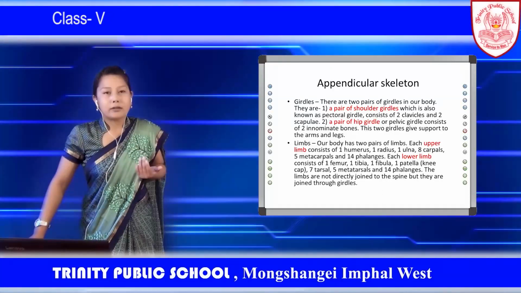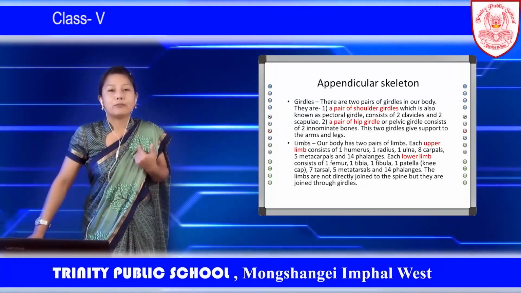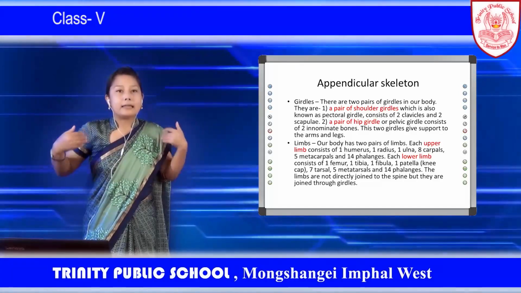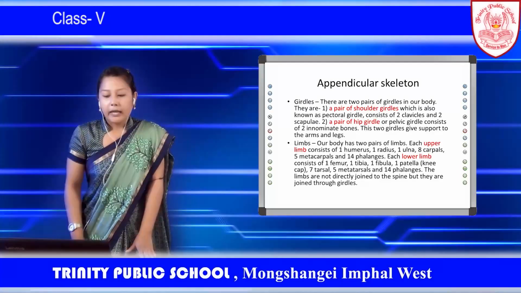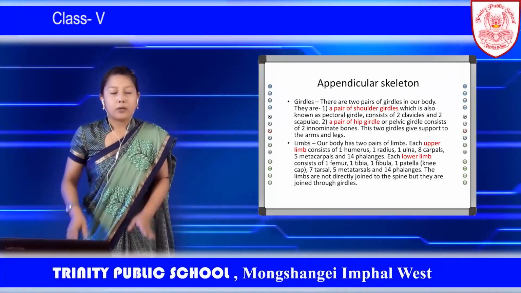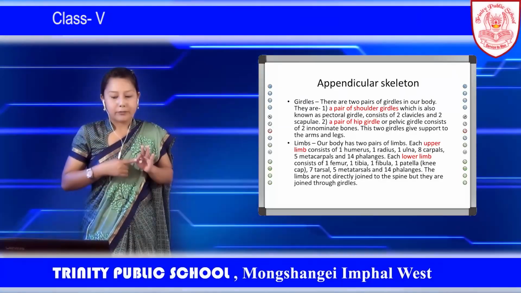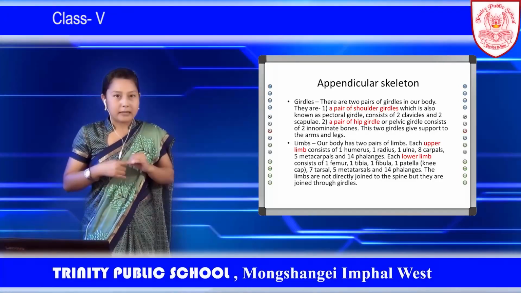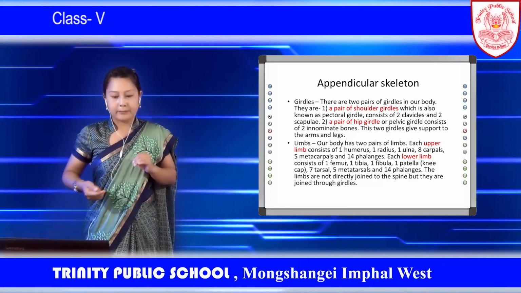We have already learned that our human body has 2 pairs of limbs, the upper limbs and the lower limbs. Each upper limb consists of 1 humerus, 1 radius, 1 ulna, 8 carpals, 5 metacarpals and 14 phalanges.